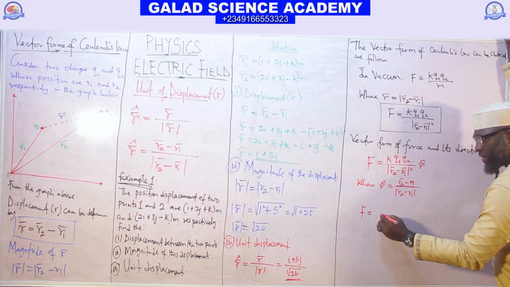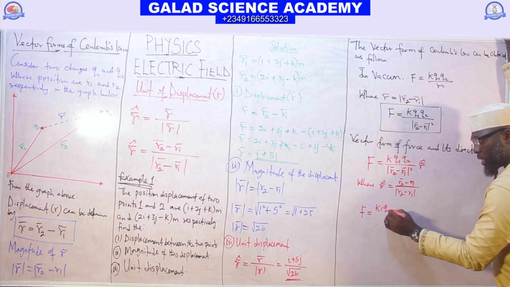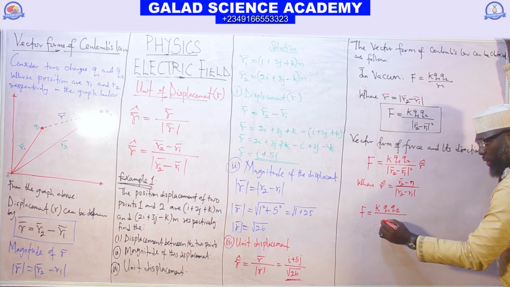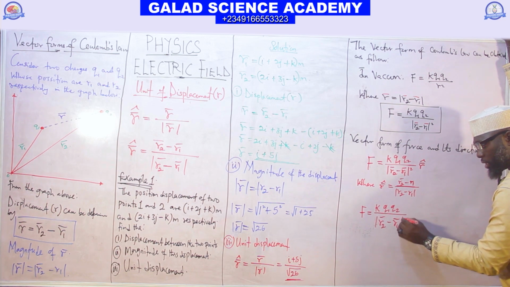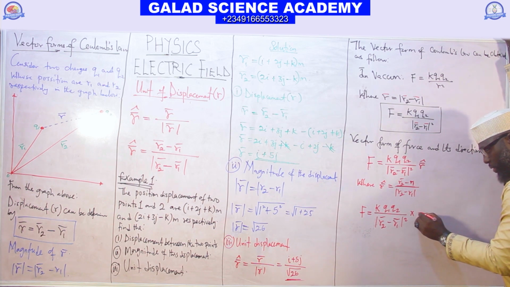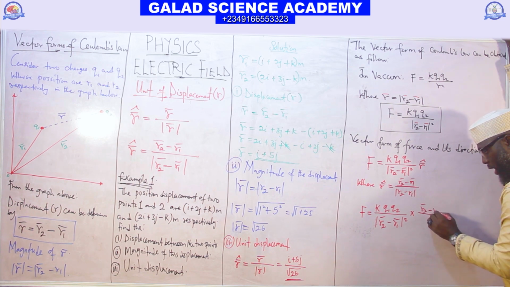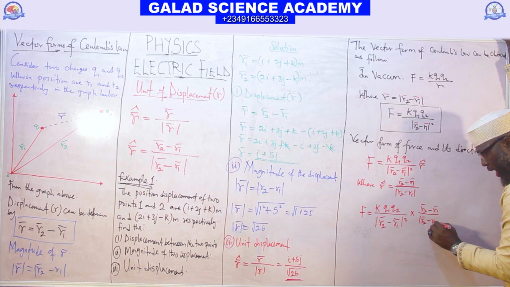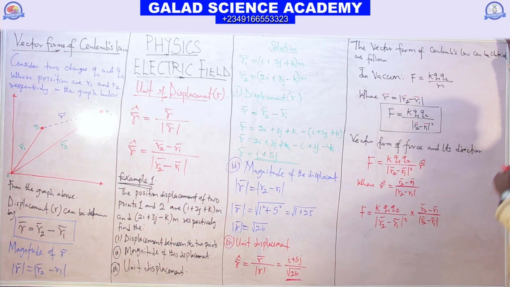We have F to be kQ1Q2 over the magnitude of displacement squared, multiplied by the unit, which is R2 minus R1 over the magnitude of R2 minus R1.